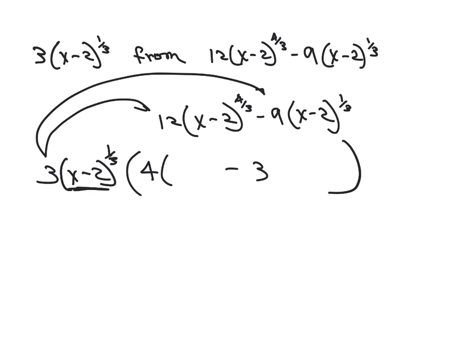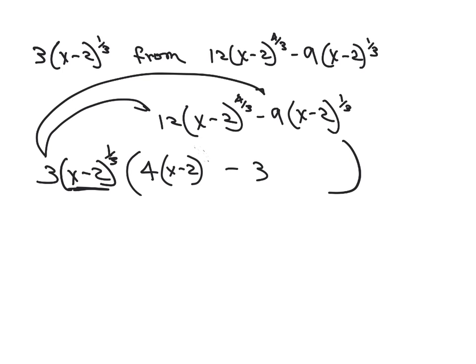So this ends up being x minus 2 to the 3/3 power, which is the same as 1, right? So we don't even have to show that up here, my little micro eraser. So that's not too terribly bad.